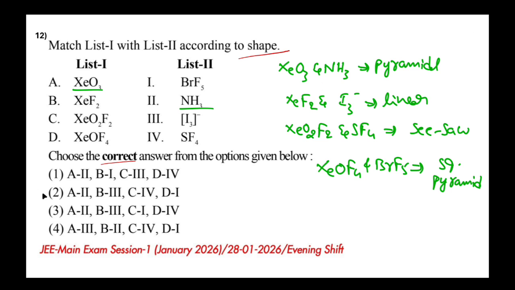So the correct answer is the second option: XeO3 with NH3, XeF2 with I3 minus, XeO2F2 with SF4, and XeOF4 with BrF5. So the second option is correct.